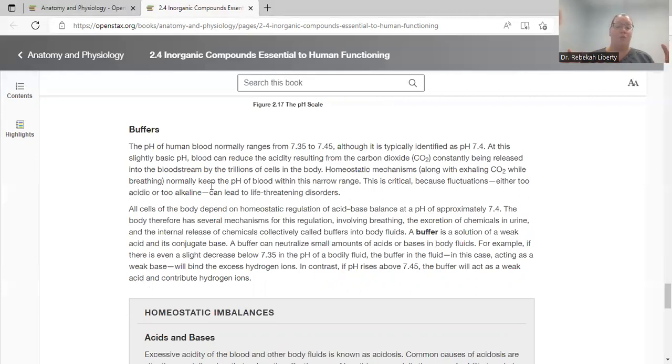So you wouldn't drink straight lemon juice, but if you drank water with lemon juice in it or water with vinegar in it as a health benefit, it's not going to immediately change your pH because you have these buffers in place to kind of balance that out a little bit and accept that shift without swinging wildly and affecting your blood pH wildly.